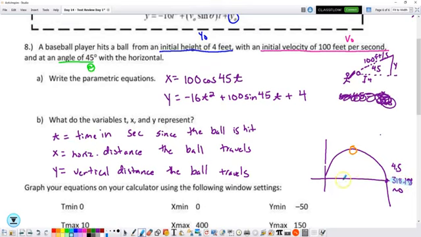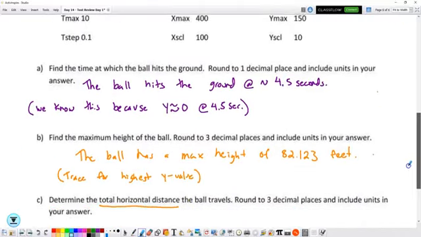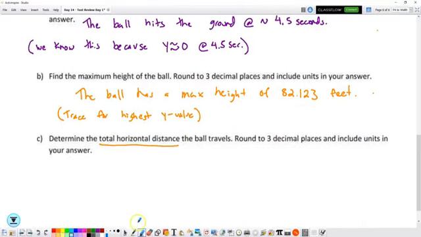This is because at 4.5 seconds, when we're about at 0 on the ground, we see the ball is at 318.198 feet. 318.198 feet is the total distance the ball travels.